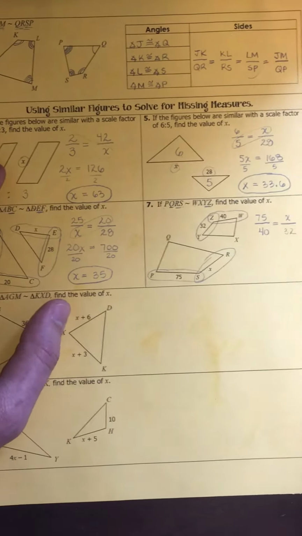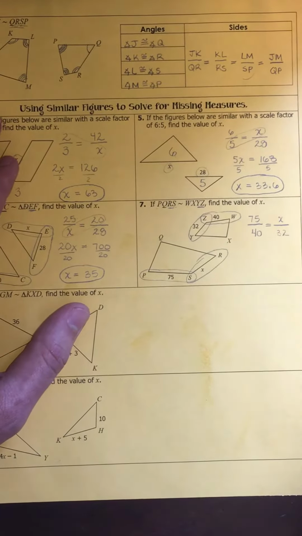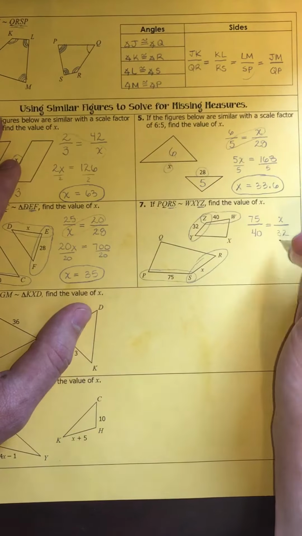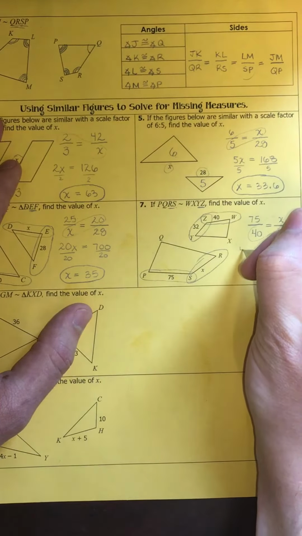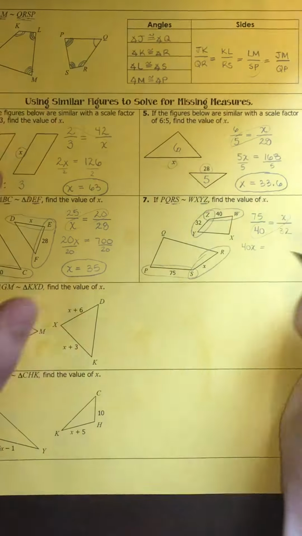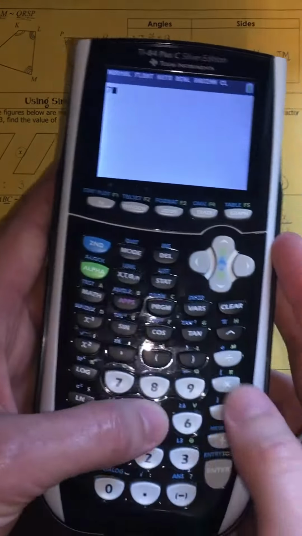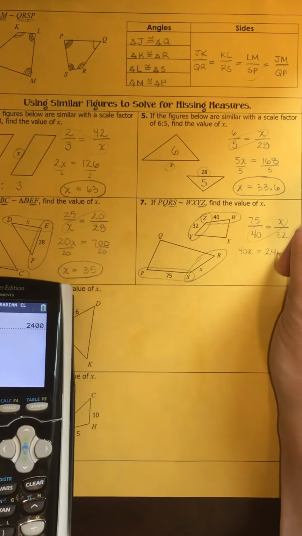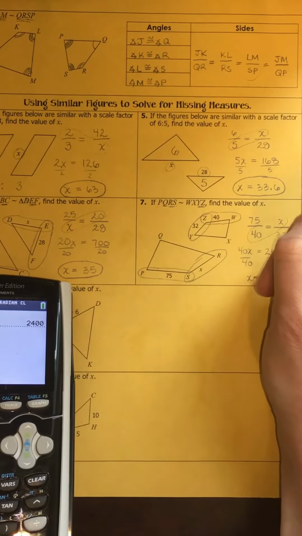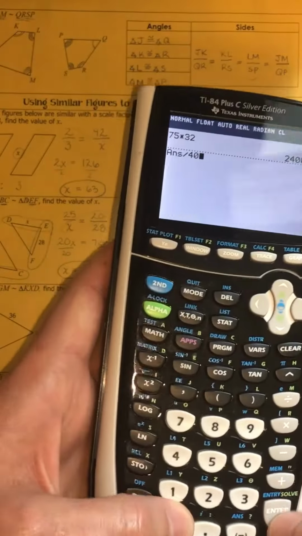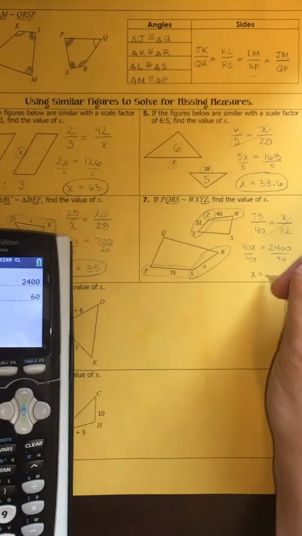So I'm going to cross multiply, set up my algebraic equation in order to solve for x. So 40 times x is 40x, all equal to 75 times 32, which is 2400. I'm going to divide both sides by that 40, and I get that x equals 60, exactly 60.